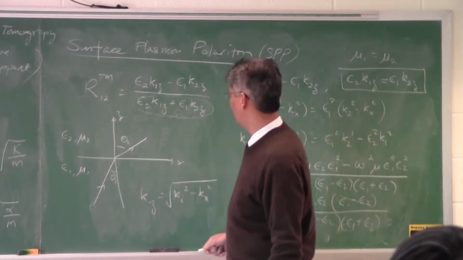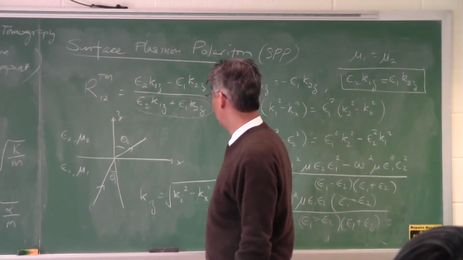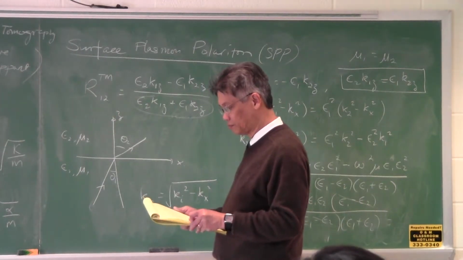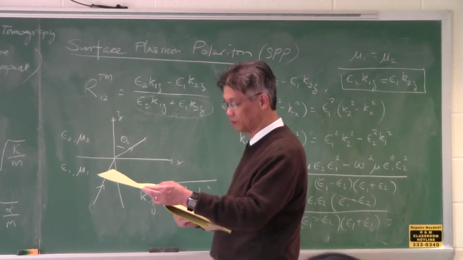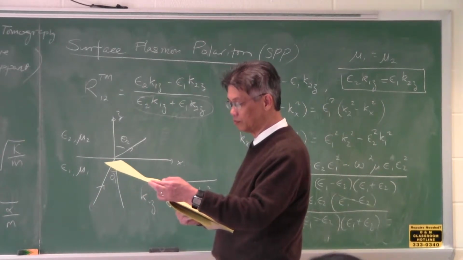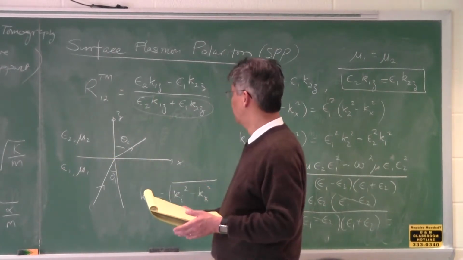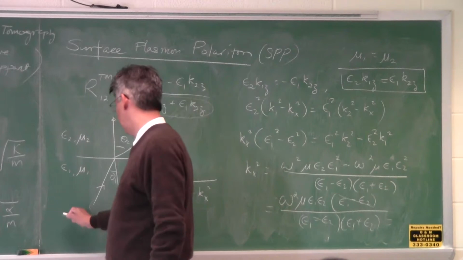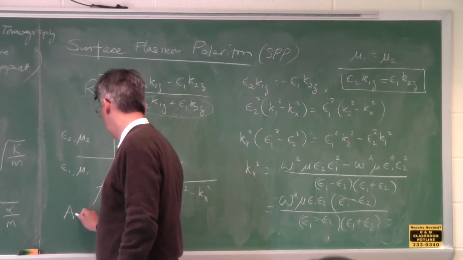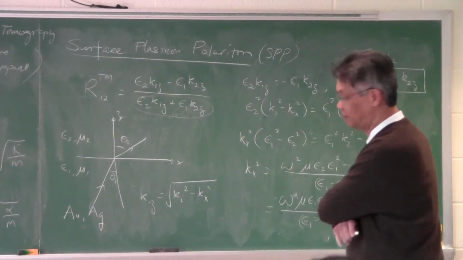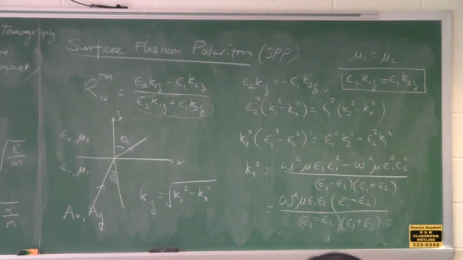Say this is metal, gold or silver. You know AU means gold, AG means silver, right?